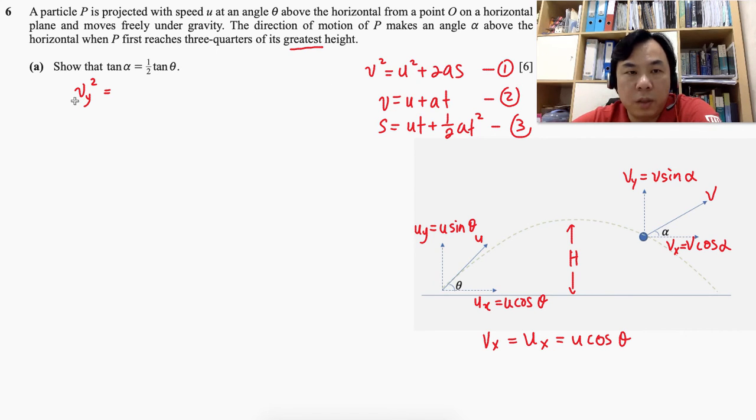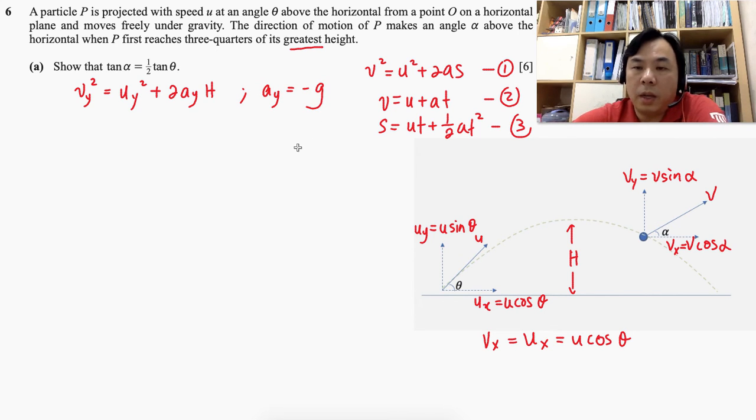So this must be a vertical component, a must also be a vertical component, and then this one will yield the maximum height. A remark here: the vertical component of the acceleration is basically negative 10 meters per second squared, using the approximation given in the paper itself.